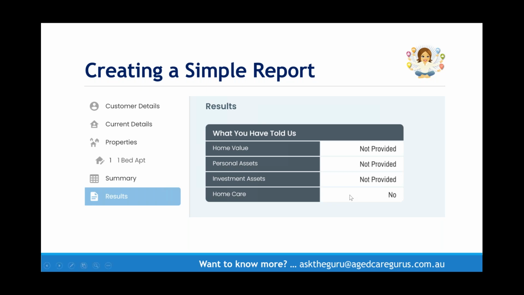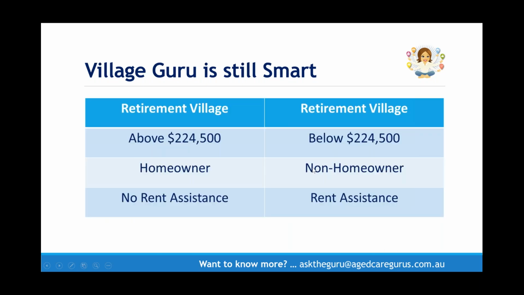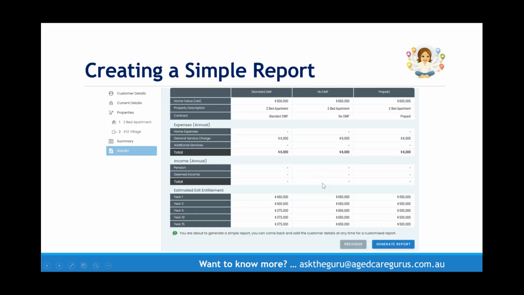The other thing that you'll notice is that on the bottom of the results page, just down here, there's a little green thought bubble, I guess, and it says you are about to generate a simple report. You can come back and add the customer's details at any time for a customized report.